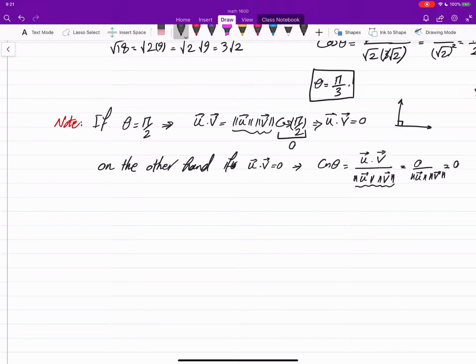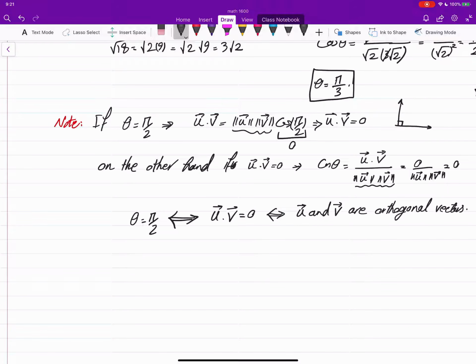So then we have that theta is pi over 2 if and only if u dot v is equal to 0. And when that is the case, we say that u and v are orthogonal vectors.